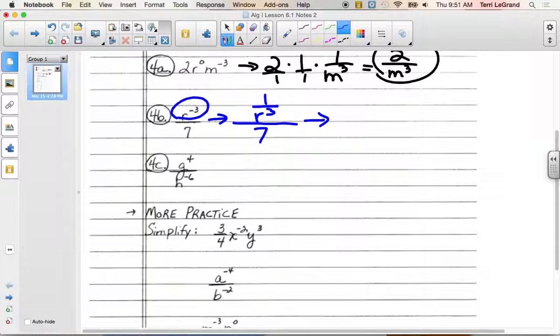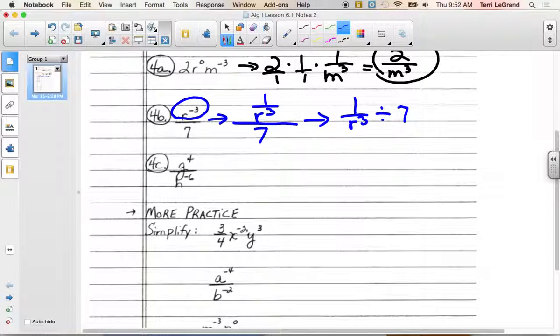We can show it as multiplication, but let's first change it to writing it with the division symbol. In other words, 1 over r cubed, our numerator, this big fraction bar means divided by 7. So we're just replacing the main fraction bar with the division symbol, because they mean the same thing.